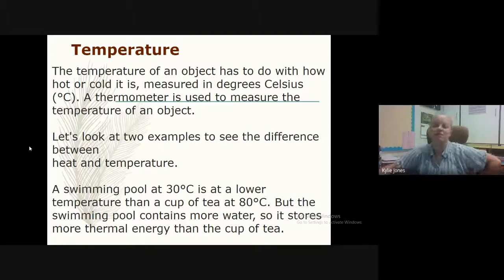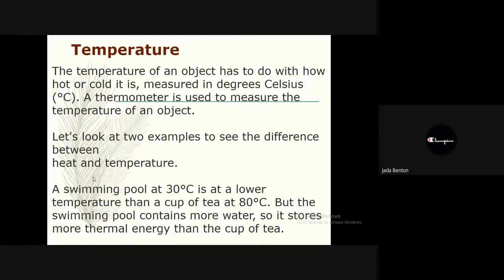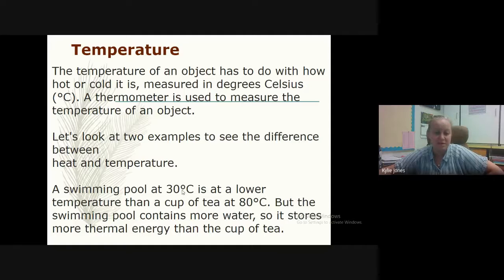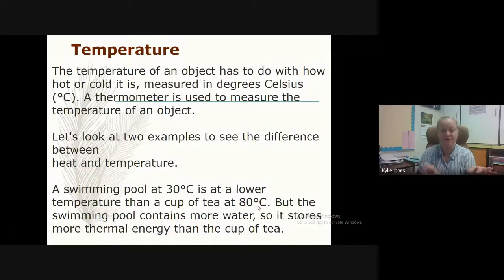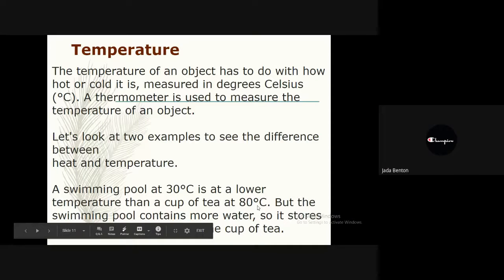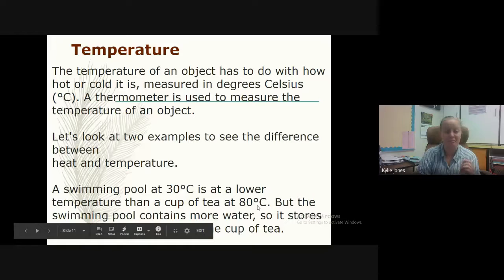Then we have two examples to see the difference between the heat of something and the temperature of something. A swimming pool is at 30 degrees Celsius, and that's going to be at a lower temperature than a cup of tea at 80 degrees Celsius, which we can clearly see. 30 is less than 80, correct? Yeah?